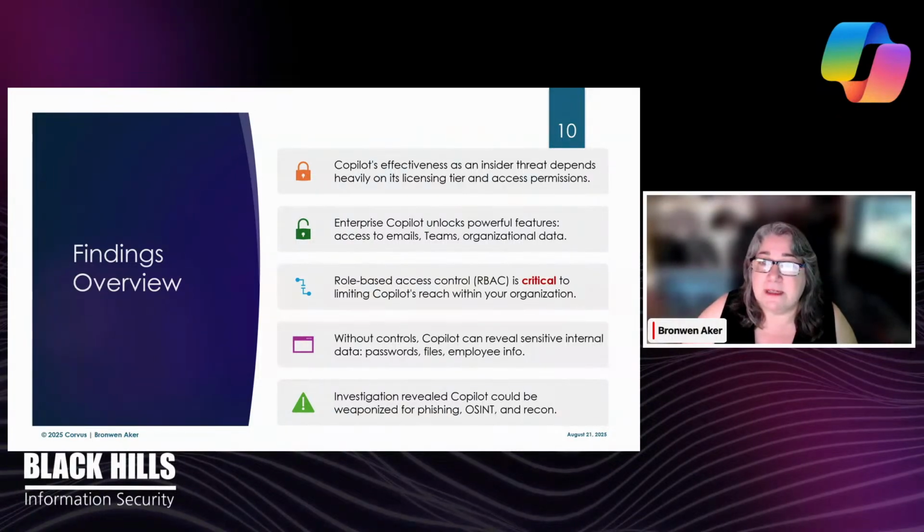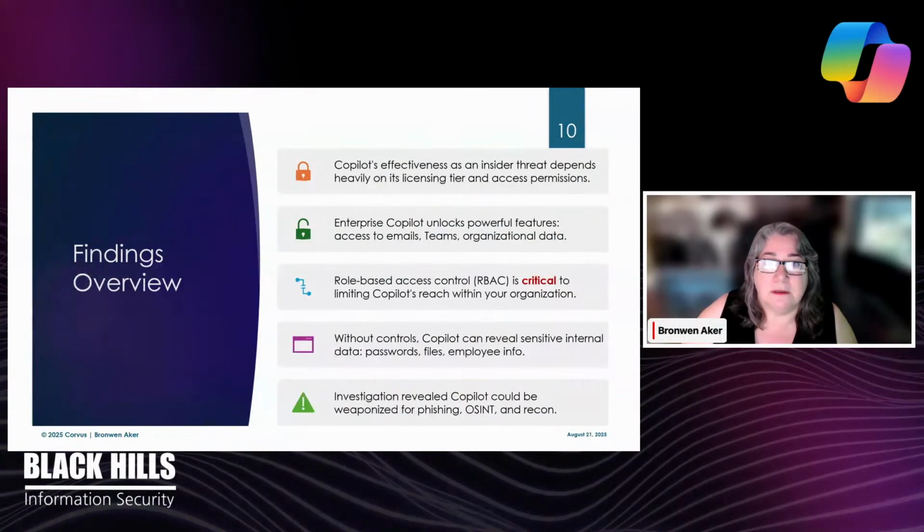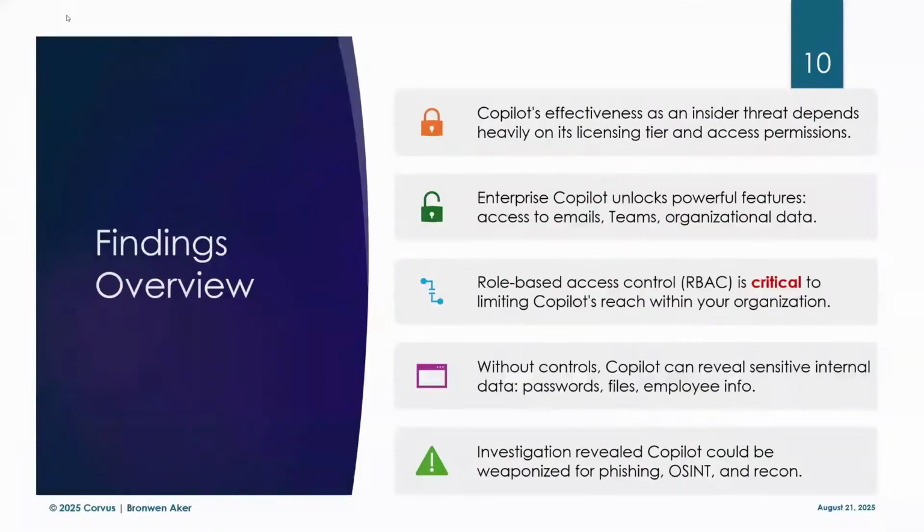Copilot's effectiveness as an insider threat is not to be understated. It really depends heavily on the licensing and tier access permissions. Enterprise Copilot will unlock those powerful features, granting access to emails, Teams, and so on.